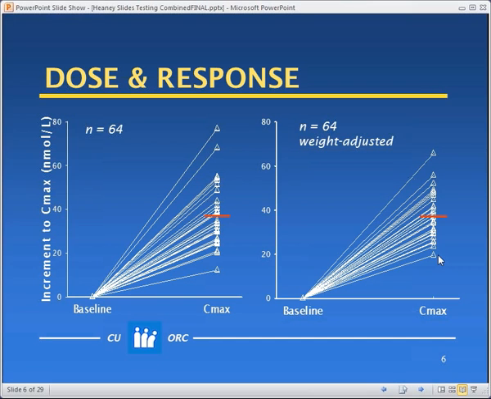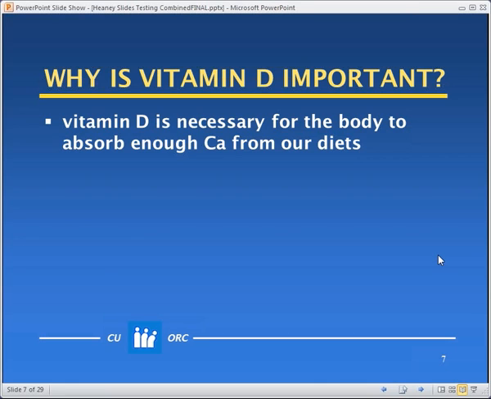You can see that there, from just below 20 nanomoles per liter to above 65 nanomoles per liter. That's at least a threefold spread, maybe closer to fourfold spread. There's no way we could have guessed where those people would be. We can guess where the average is going to be because we've got plenty of experience with that. But the individuals can be all over the map. And so the bottom line is we simply have to measure it.